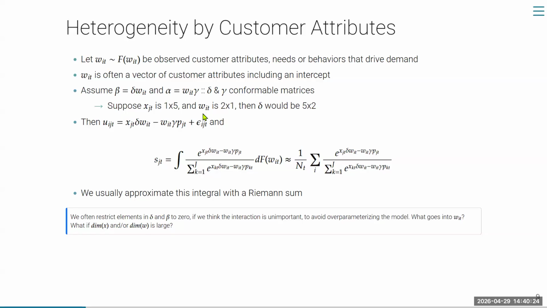So if we have a lot of product attributes or a lot of customer attributes, the number of parameters to estimate could get large really quickly. And we call those noise parameters. And so we're often going to restrict our decisions of what to put in and which parameters to estimate to try to avoid adding too much noise to the model.